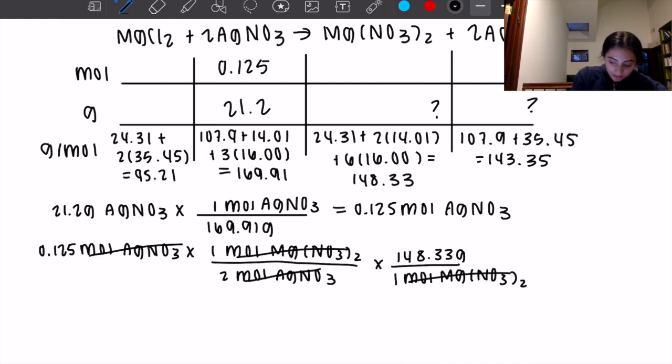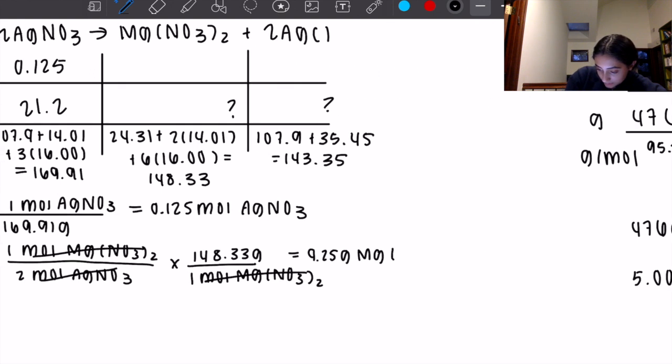So I'm going to divide by 2 and then multiply by 148.33 to get 9.25 grams of Mg(NO3)2, and that is theoretical.